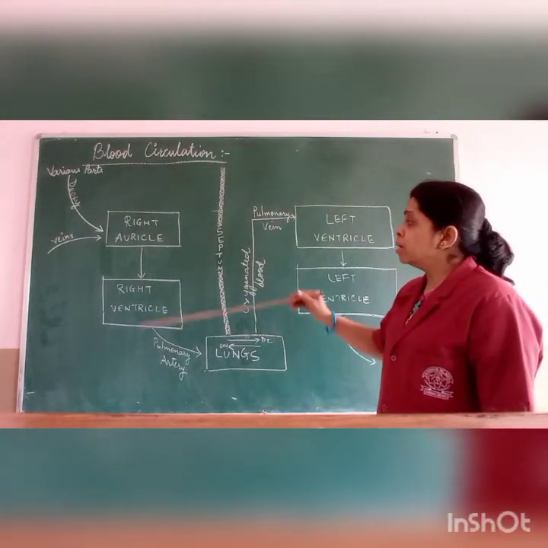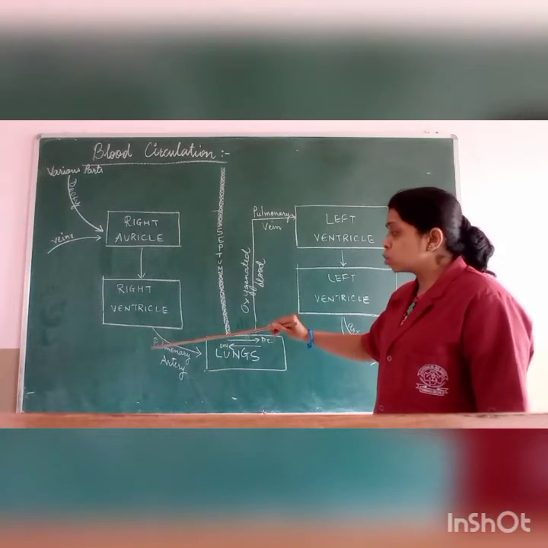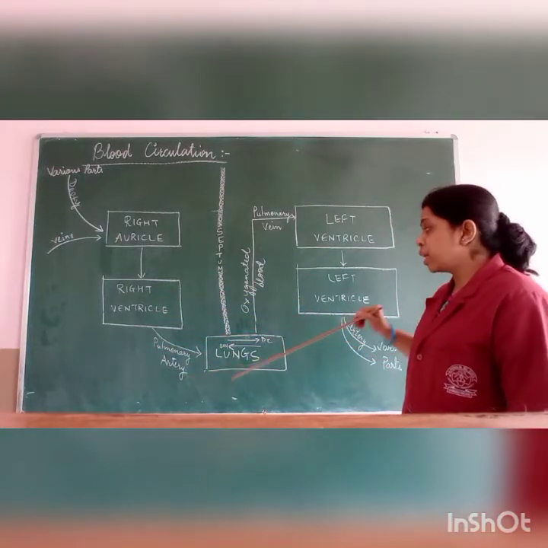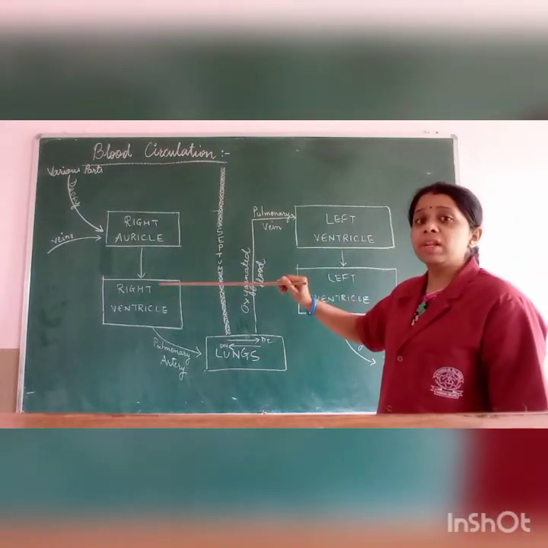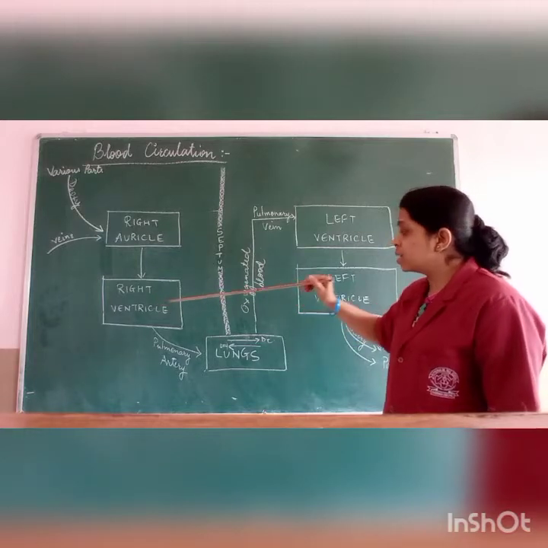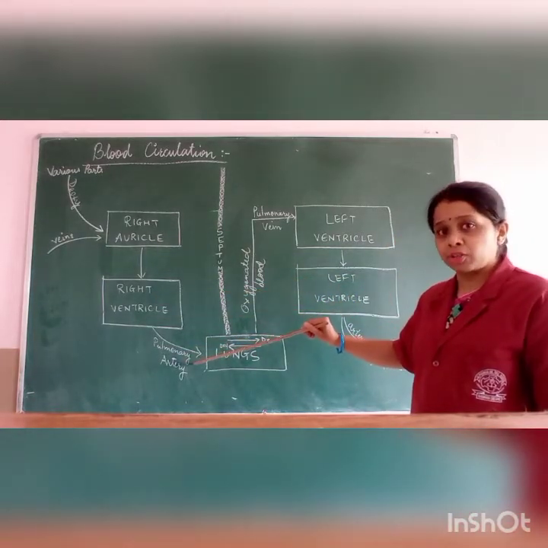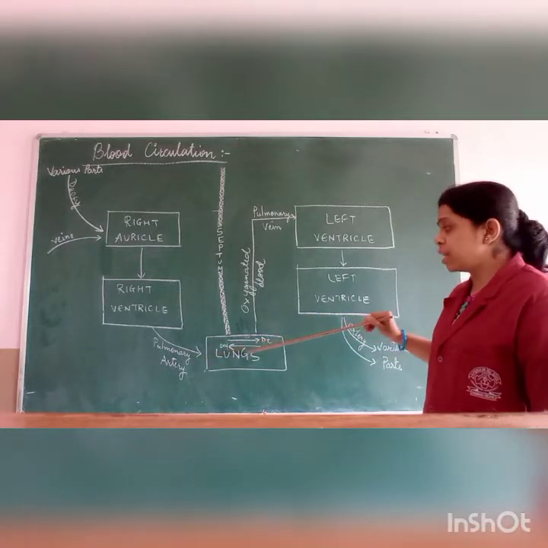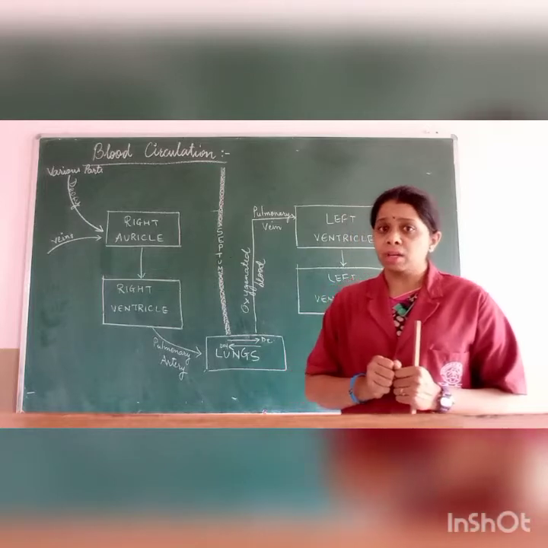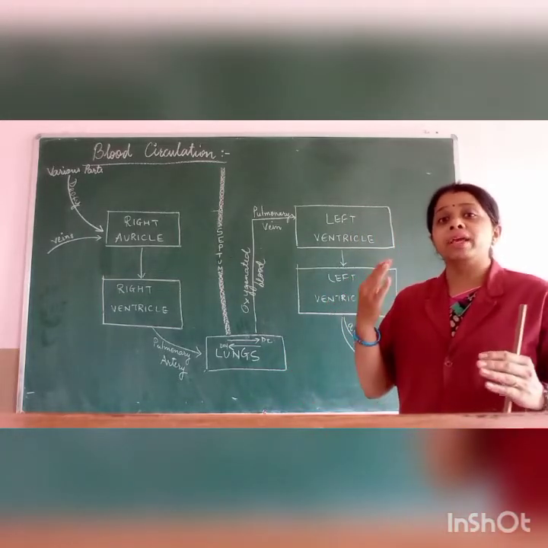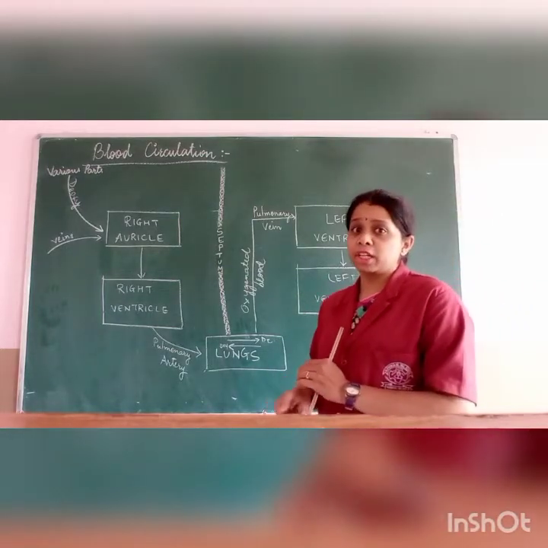Now, the blood in the right ventricle will pass through the pulmonary artery into the lungs. The right ventricle will contract and send the blood into the lungs through the pulmonary artery. In the lungs, the exchange of gases will take place, which means the blood will be purified. Deoxygenated blood will become oxygenated blood.